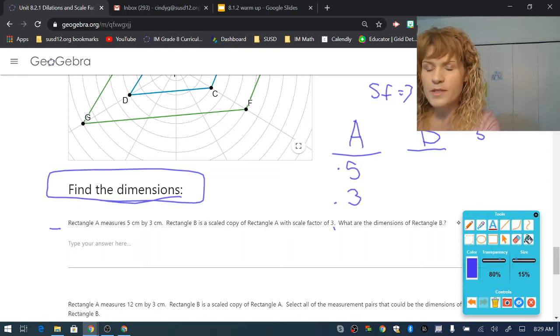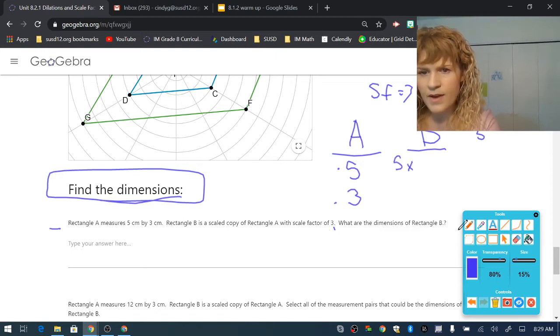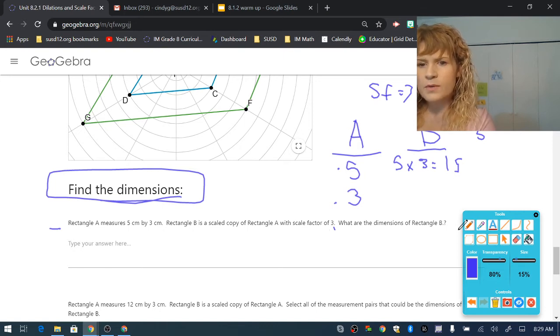It's going off of my screen. Just remember, 3 times as high, 3 times as long. So the length of B is 5 times 3, that equals 15. And the height of B equals 3 times 3, that equals 9.